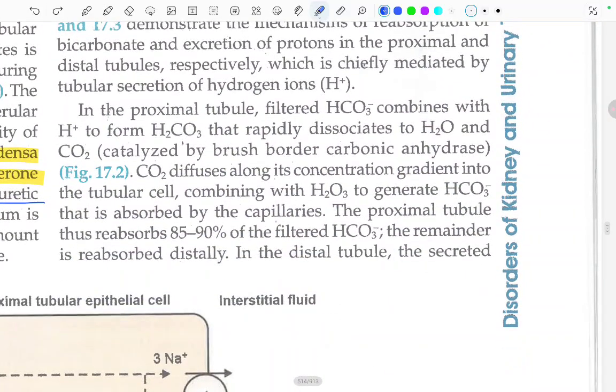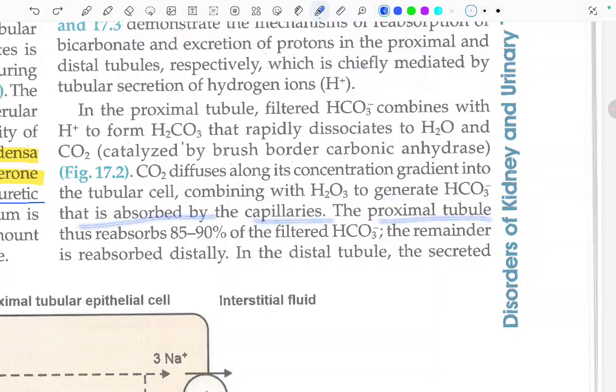In the proximal tubule, filtered bicarbonate combines with H plus to form H2CO3, which rapidly dissociates to H2O and CO2, catalyzed by the brush border carbonic anhydrase. This CO2 diffuses along its concentration gradient into the tubular cell, combining with H2O to regenerate bicarbonate, which is absorbed into the capillaries.